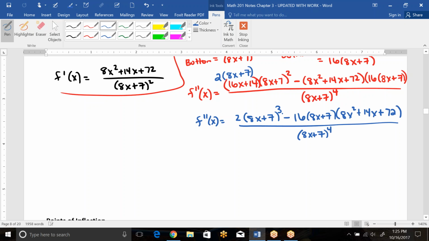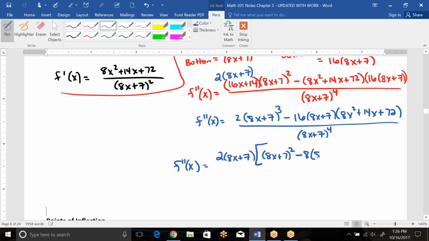So we need to just factor out what these two tops have in common. They both are divisible by 2. And they both have at least one 8x plus 7. So that leaves us with 8x plus 7 squared minus 16 divided by 2 would be 8.